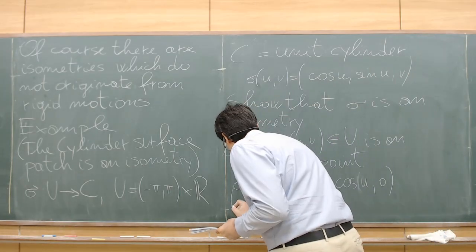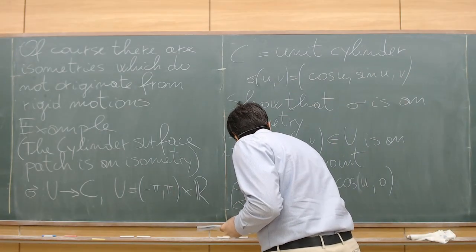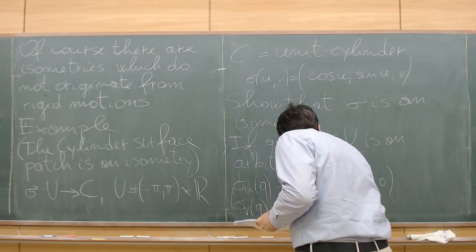Instead, sigma_v at q is equal to (0, 0, 1).